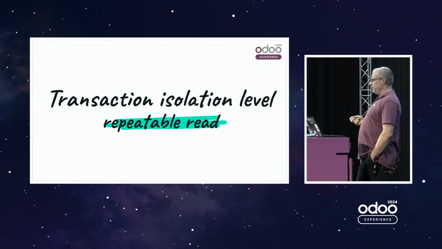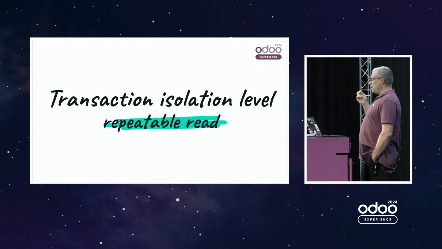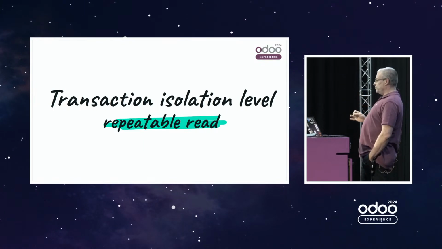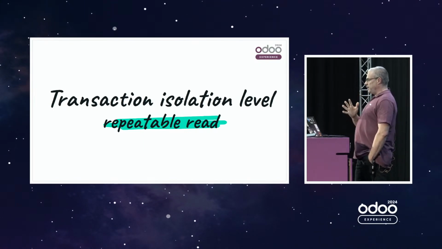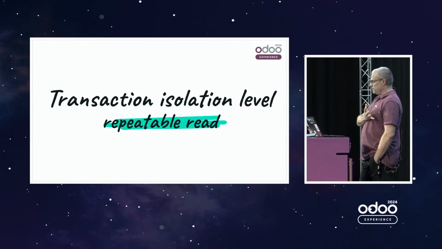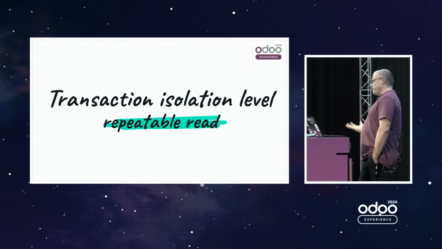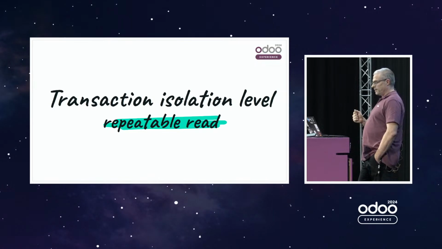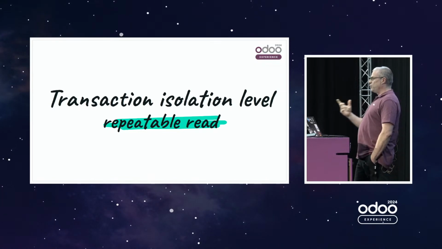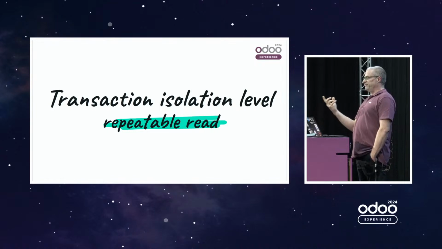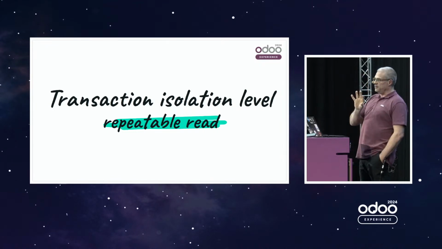Why is it so important? Because one of the key performance features of Odoo is putting data in the cache, in the memory, rather than retrieving them from the database. That means we execute a query in the database, retrieve the data, and store those data in the memory.